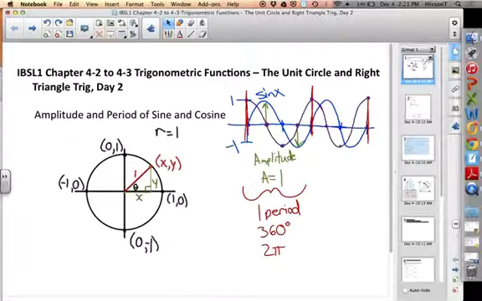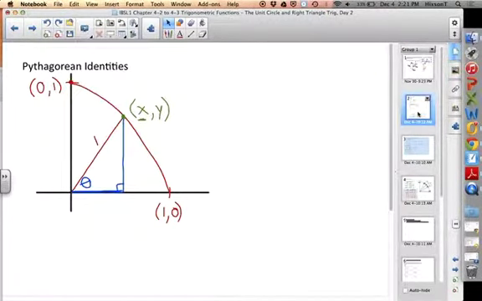So I wanted to deal with that to point out those things and relate this, kind of tie things together, what we were doing at the very beginning with angles and what we were talking about yesterday with our sine and cosine. And now I want to look at some other identities, however. So here we have our first quadrant, again, for a unit circle.